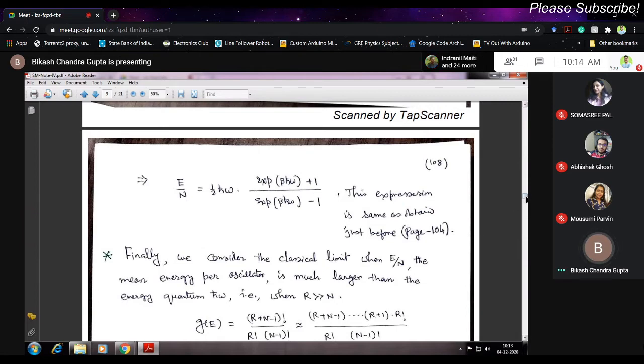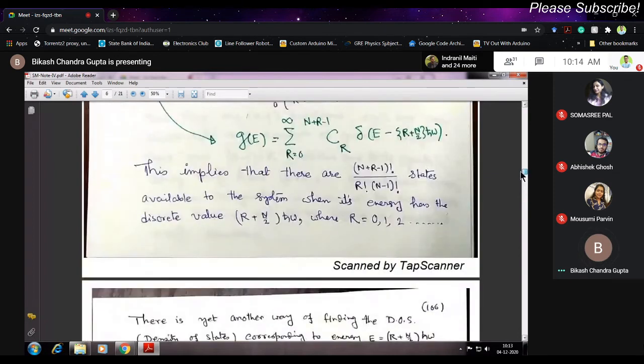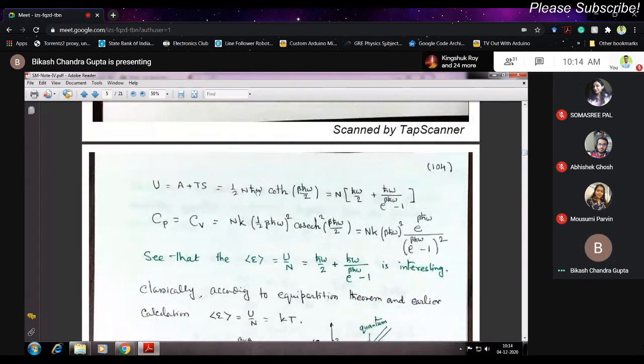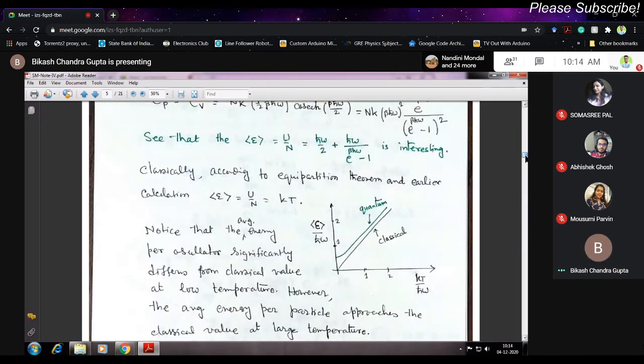In page number 104, you see, yeah, energy per oscillator, if you divide by n, is half h cut omega by 2 coth beta h cut omega by 2, right? So this also matches with that expression.